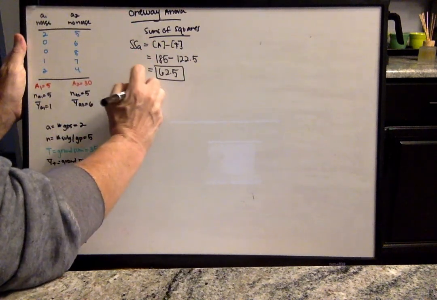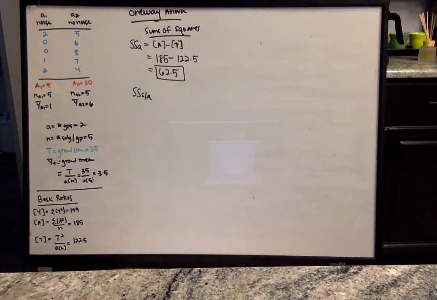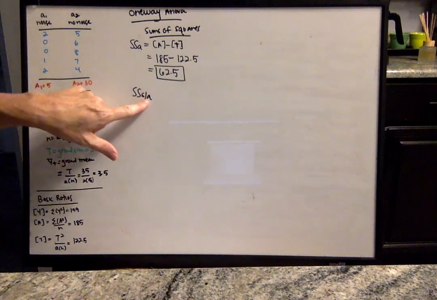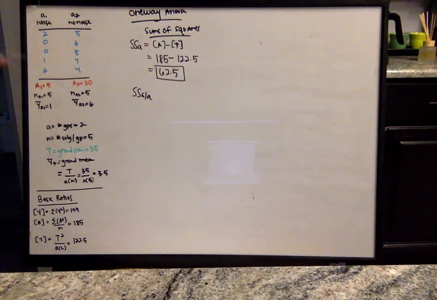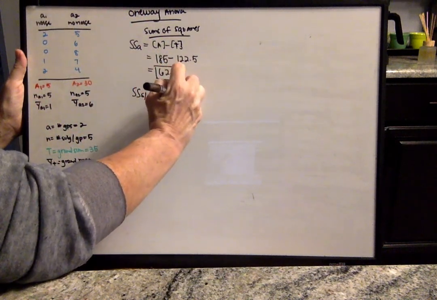Next, we're going to calculate our sum of squares S over A. And again, thinking back to when we did this the long way, anytime we see this S over A, we're referring to our within subjects variability. The formula for sum of squares S over A is also pretty easy.